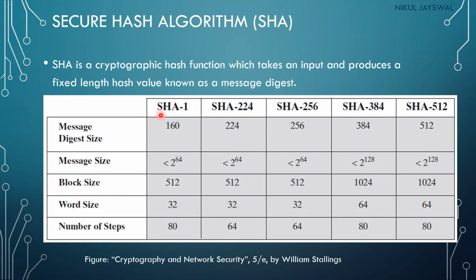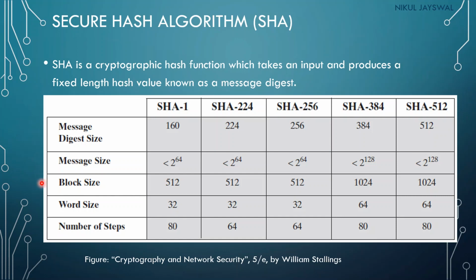First is SHA1. You can see here the properties of the algorithm. In these properties, first is the message digest size, that is the output of the hashing function. This is the size of the hash value that is produced by the algorithm. Then the second property is message size, the length of the message that can be taken as an input in the algorithm.